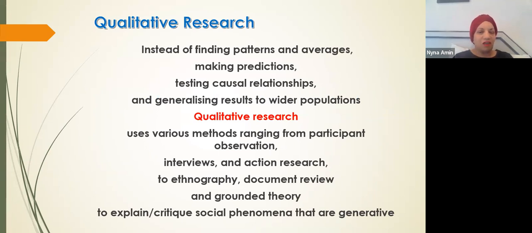These could be observation, interviews, focus groups, action research, visual methods, photographic, document reviews, grounded theory, and all of those. And the main objective is to explain or to critique social phenomena that are generative in essence.